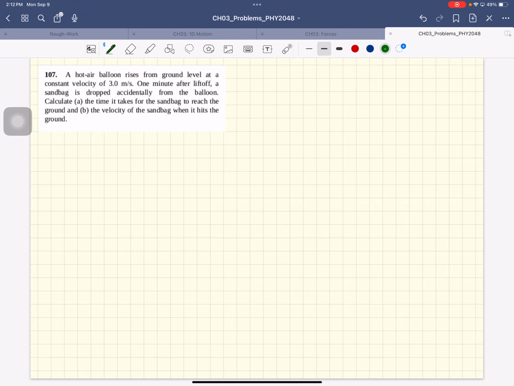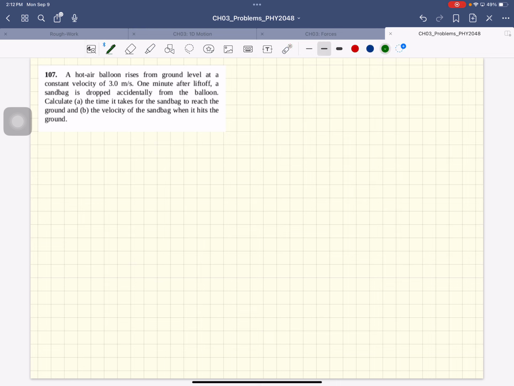Okay, one last problem. A hot air balloon rises from ground level at a constant velocity of 3 meters per second. 1 minute after liftoff, a sandbag is dropped accidentally from the balloon. Calculate the time it takes for the sandbag to reach the ground, and the velocity. We'll just do part one.